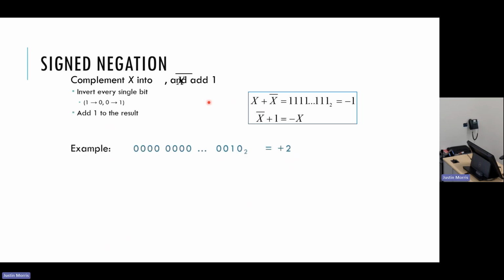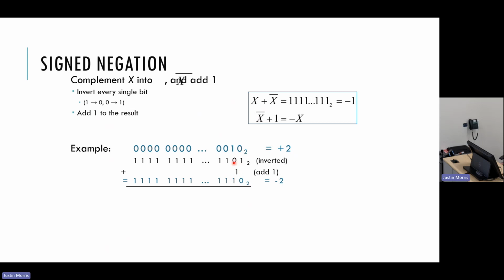So here's our flip all the bits and add 1. So here's 2, right? We're all comfortable with that, this is 2. If we want to convert it to -2, flip all the bits, add 1.